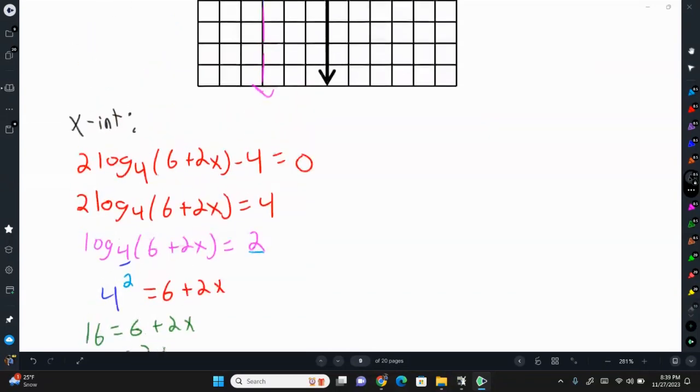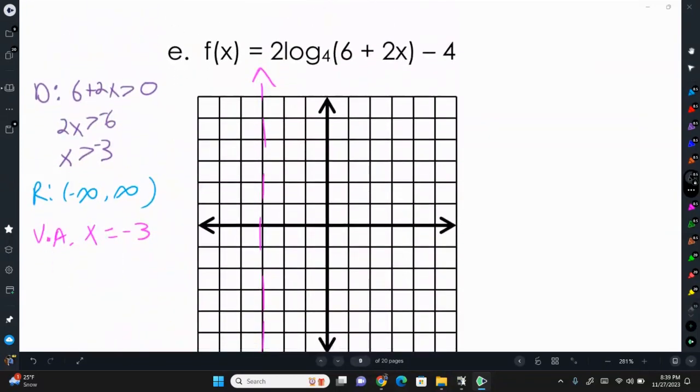Now for the other point, we can set the inside equal to 1, or we can set the inside equal to our base, which is 4. Like I talked about in the previous problem, if you set the inside equal to 1, our x value is going to be a decimal, because once we subtract 6 from both sides, we would get 2x equals -5.